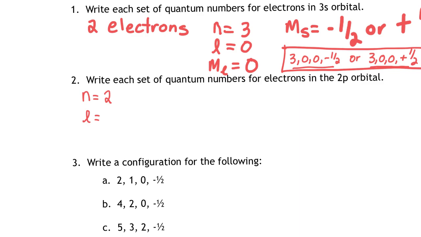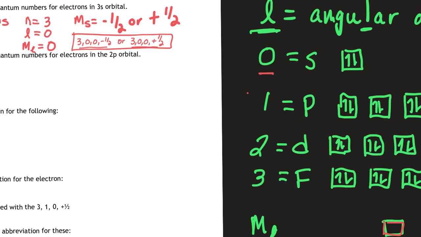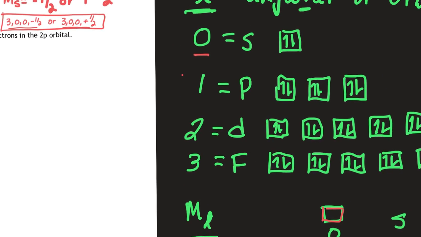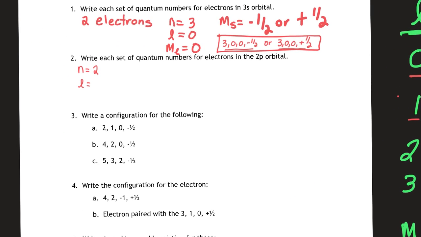Well, it's the p orbital, so I have to look to see which number is represented by the p orbital, and that's going to be the number 1. So all of these are going to have in common that they're in the second energy level, in the p orbital, so they're all going to get the 2 and the number 1.